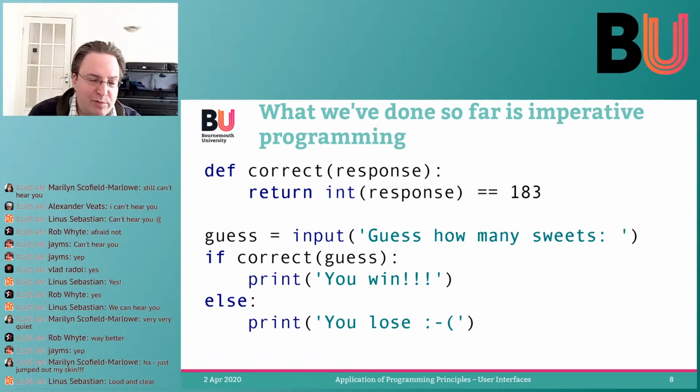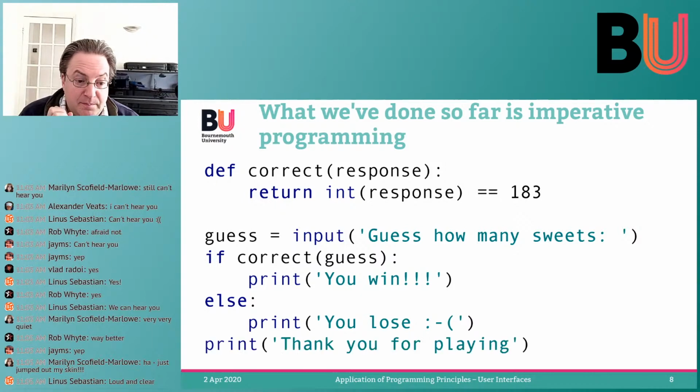In this case, we have the function correct, which takes a response and checks whether that response is the correct one. When we have a guess, we can initialize that using an input, and then check whether it's correct or not. Obviously, this doesn't do any error correction. And then in the end, we print it. But what we need to realize is this is an order in which you can control things.